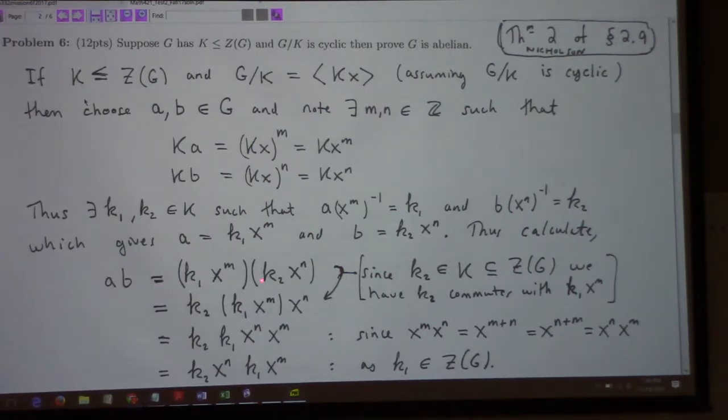So I move the k2 over there. And then, these commute because of laws of exponents, so I can switch mn to nm like so. Then I commute k1 and x to the n because, again, k1 is in the center, but that's exactly ba, which shows you that since a and b were arbitrary, the group is abelian.